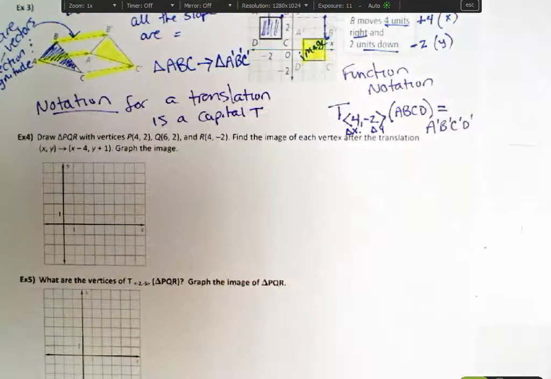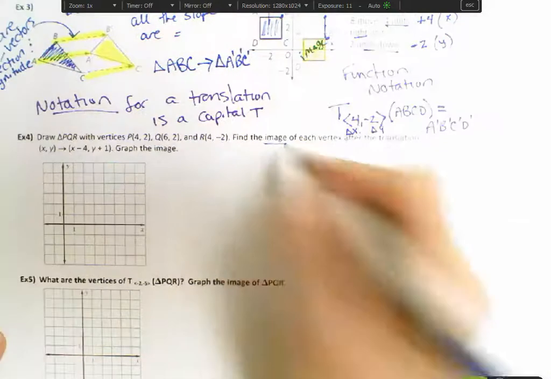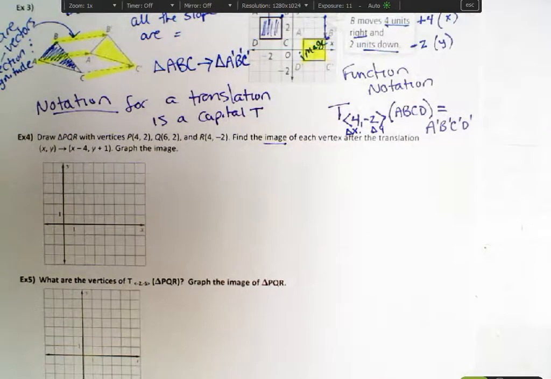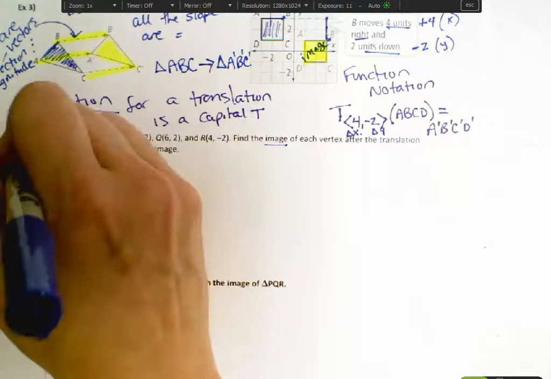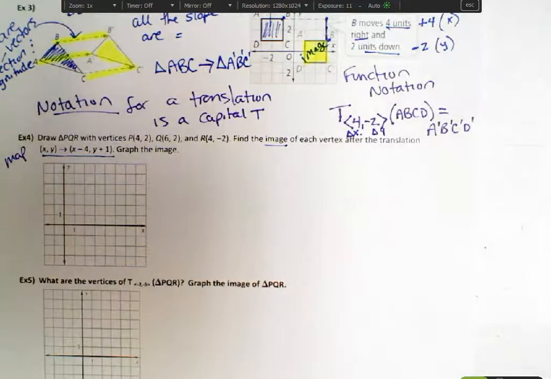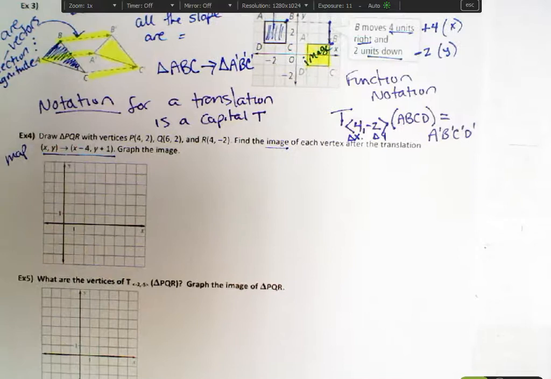All right, draw triangle PQR with the given vertices. Find the image, that means after, of each vertex after the translation. So this is my mapping notation. Graph the image. We need to start by first graphing our original pre-image, PQR.